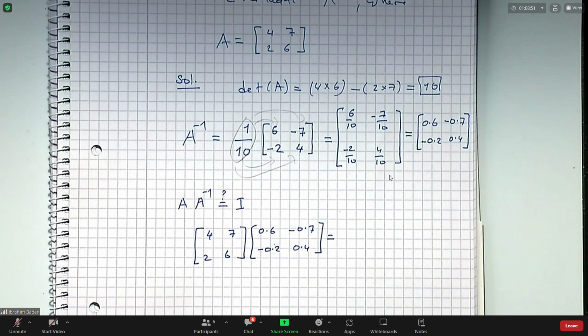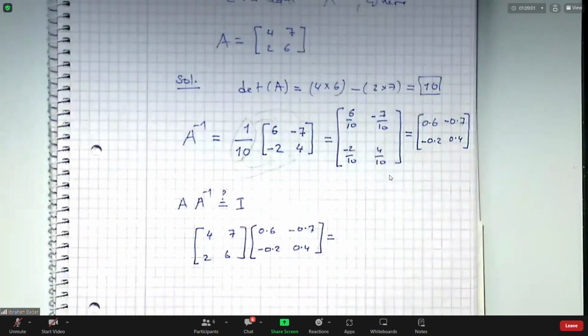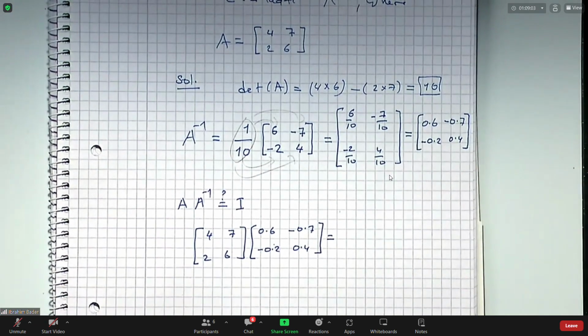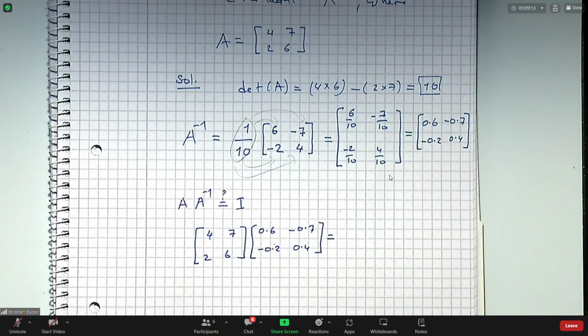Now, what are the elements of this 2 by 2 matrix?